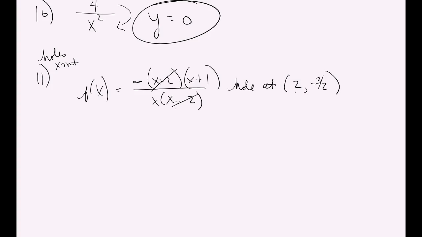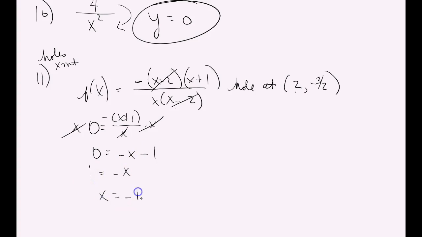X-intercepts, I'm supposed to set the y to 0 for x-intercepts. So this is what is left in the problem, right? So I could multiply both sides by x, gone, gone, gone. And then I'm setting this equal to 0, which means negative x is positive 1, which means x is negative 1.